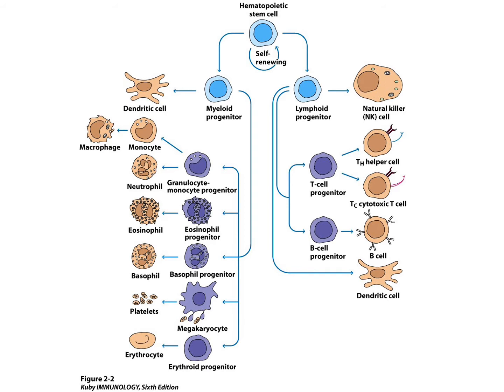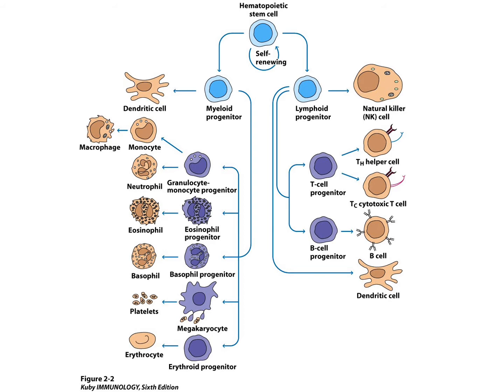Once this differentiation has occurred, those progenitor cells can only produce cells from that lineage from that point on. And for myeloid cells, that includes all of the cells listed here: dendritic cells, neutrophils, macrophages, eosinophils, basophils, platelets, and erythrocytes.